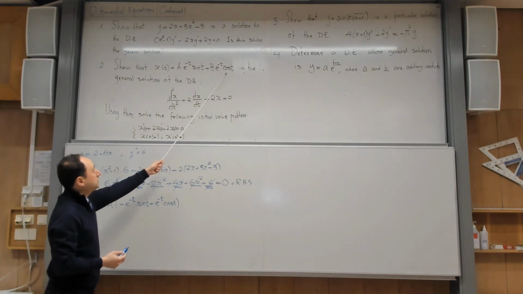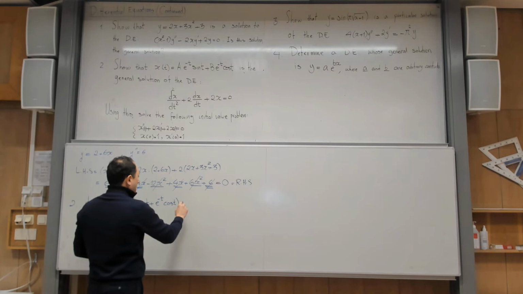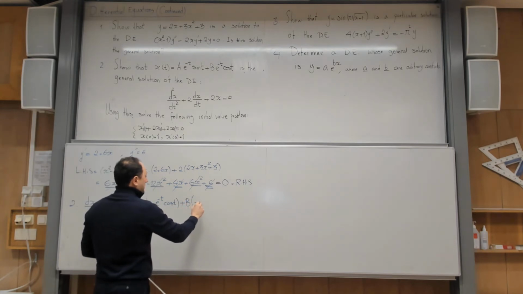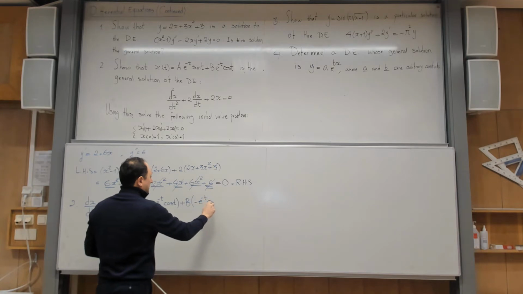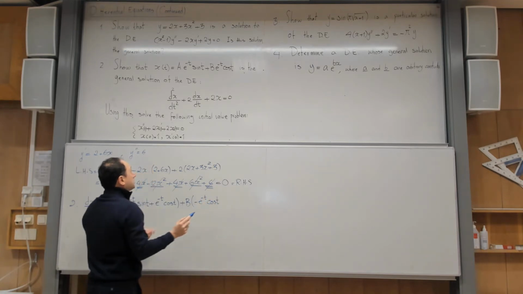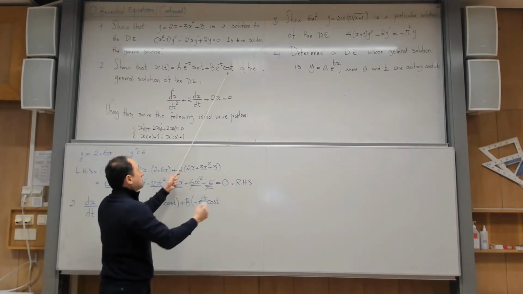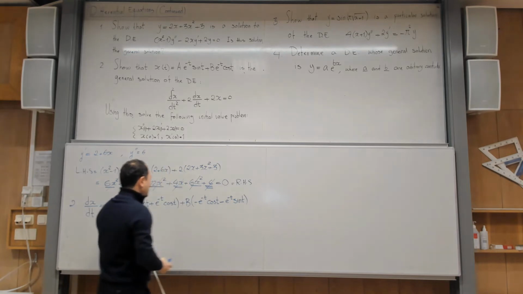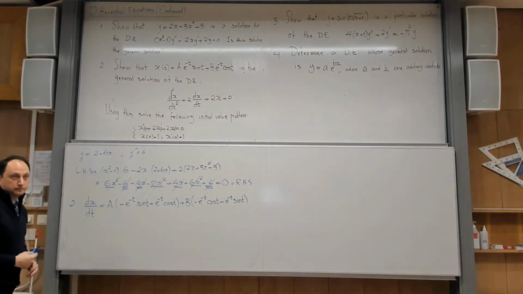I do the same thing for the second part. So this becomes b. The derivative of e to the power of minus t is this one multiplied by the second function, but plus the derivative of cosine becomes negative sine, so it becomes again negative sine t. So this is your first derivative.